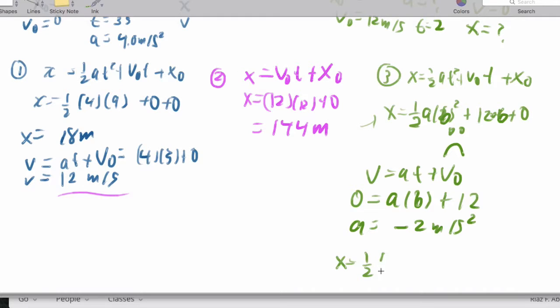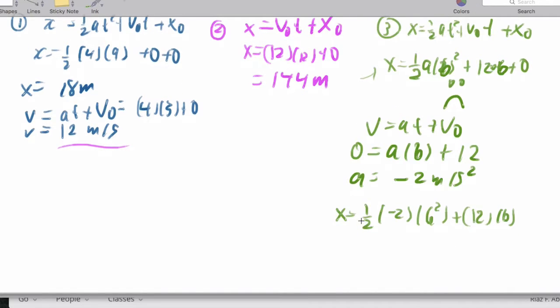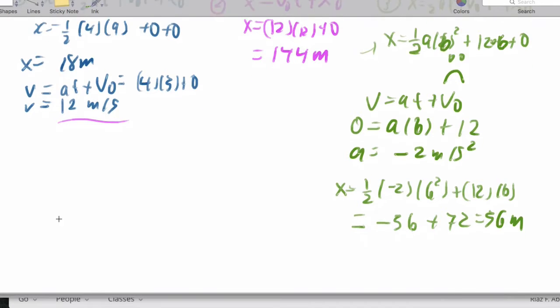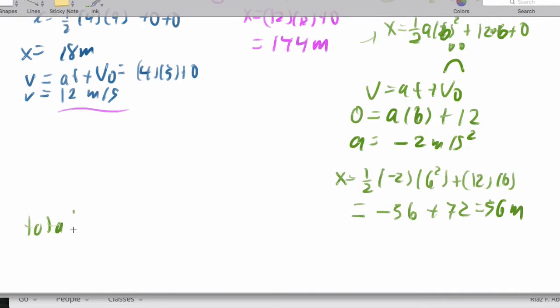X is 1/2 times -2 times 6 squared plus 12 times 6. So this ends up being -36 plus 72. That gives me an additional 36 meters. So the total distance is going to be 18 plus 144 plus 36, which ends up being 198 meters.